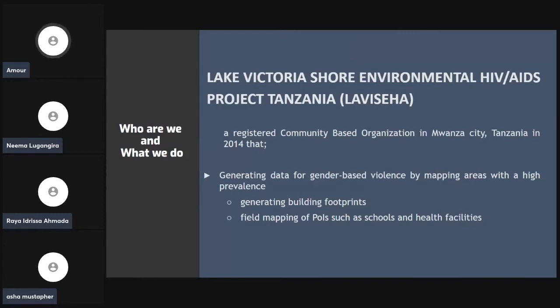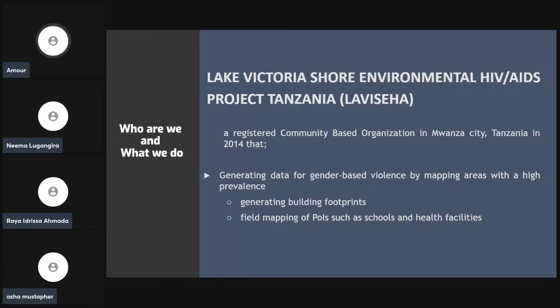Their project in community grants is generating data for gender-based violence in one district in Mwanza, which is called Magu.